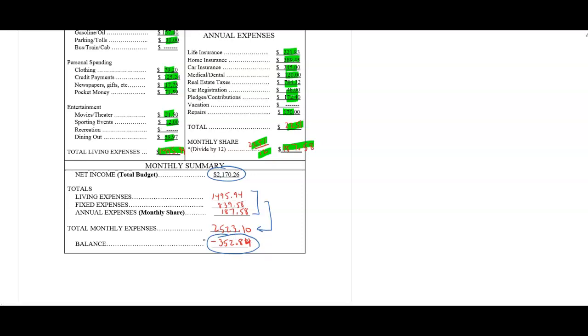So what you have to do is either find a way to shrink your budget, maybe take out some personal spending, or find an extra job that makes you an extra $352 a month. Again, try the last problem on your own and come back and check your answers.